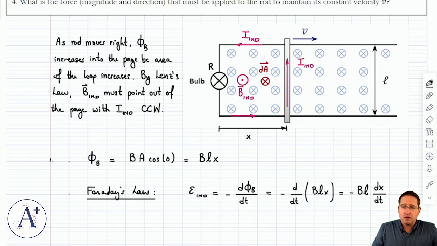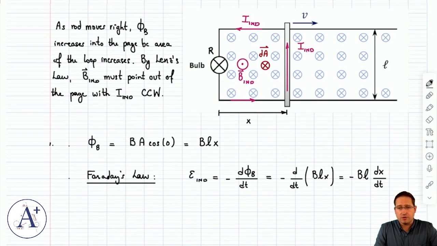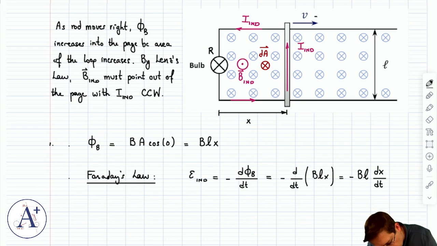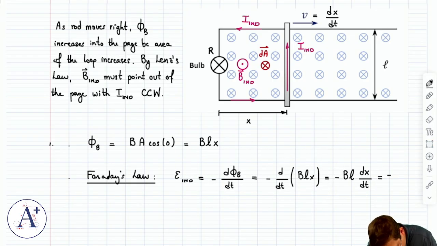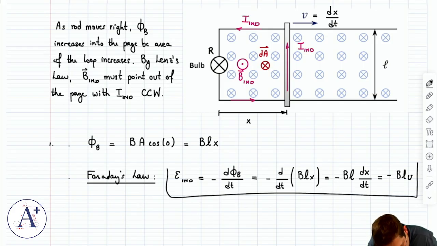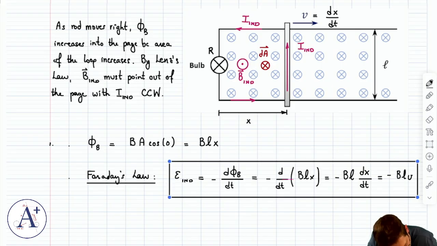Okay, and this is on you. Nobody will tell you. dx dt, by definition, is v. So this is going to be minus BLv. But that is on you. It is on you to label x as the distance.